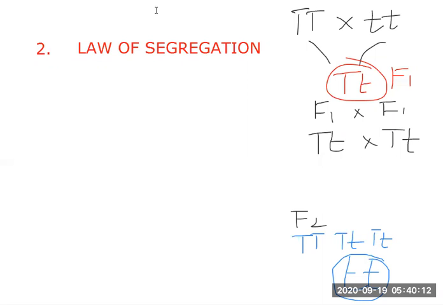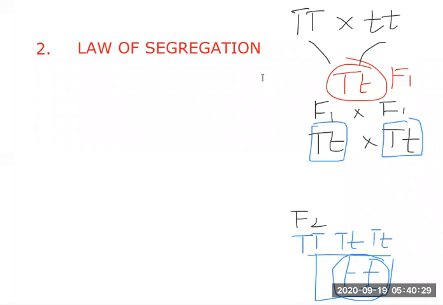The dwarf plant appearance in the F2 generation raises some questions here. What are the F1 plants? F1 plants are tall plants, isn't it?